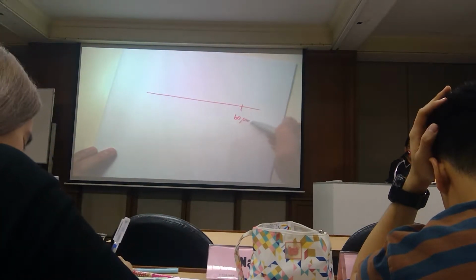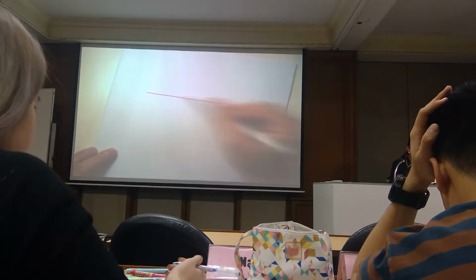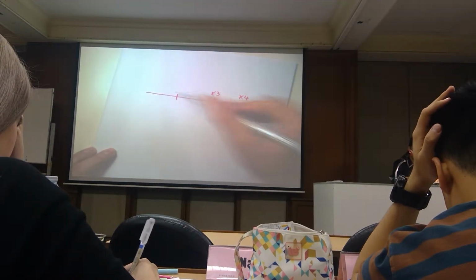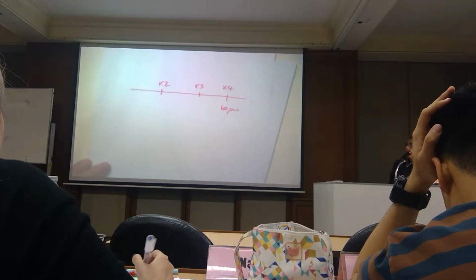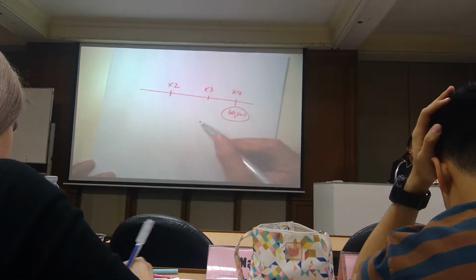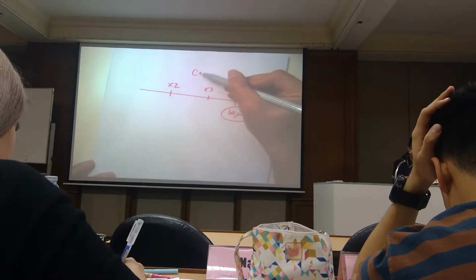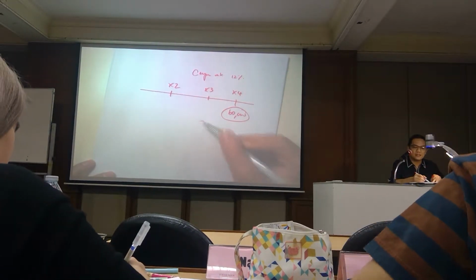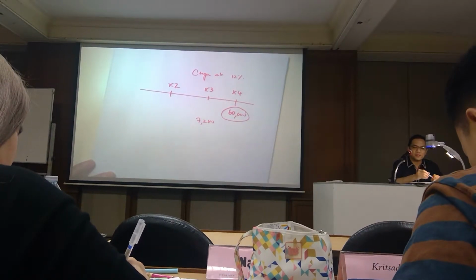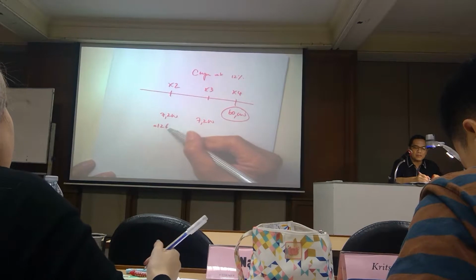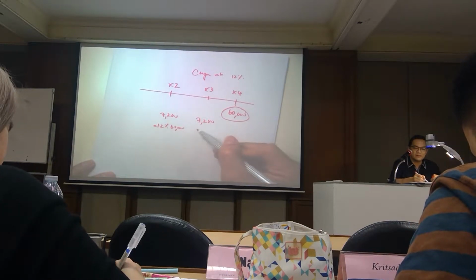You're gonna have 60 in the next 2 years, at the end of year 4, year 3, and year 2. This is the principal. During the year, the coupon rate turned to be 12%. This means you're gonna have 7,200 and 7,200, which is 12% of 60,000.